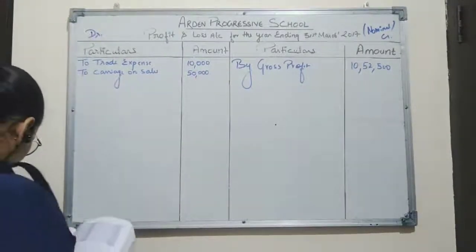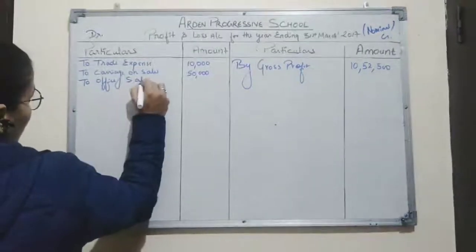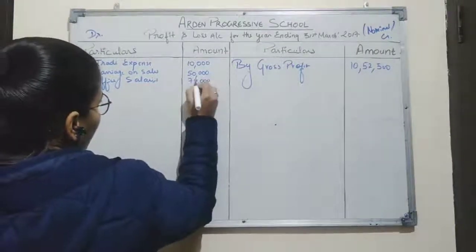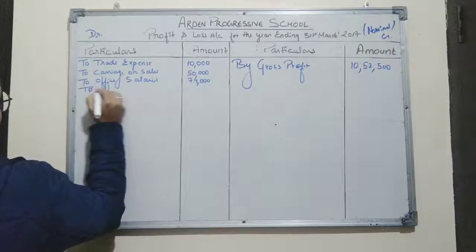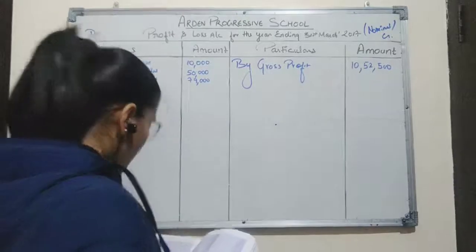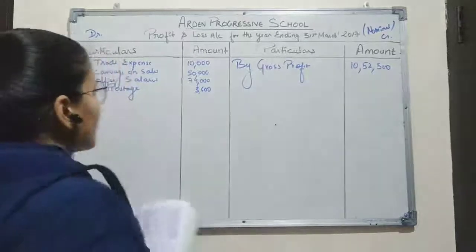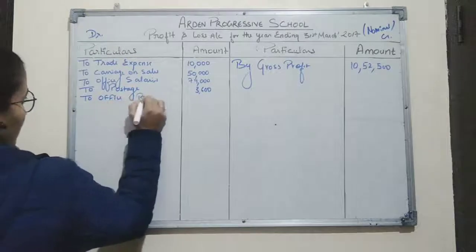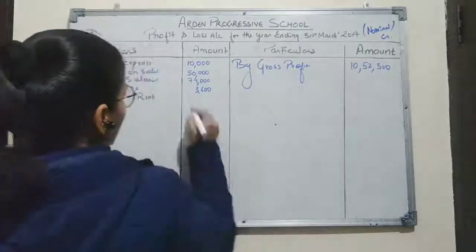After this, office salary to office salaries 79,000. After that, postage to postage 3,600. Next is office rent to office rent. Office rent amounting to rupees 37,500.